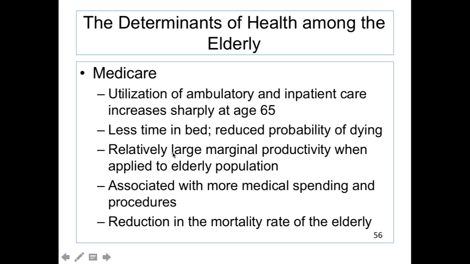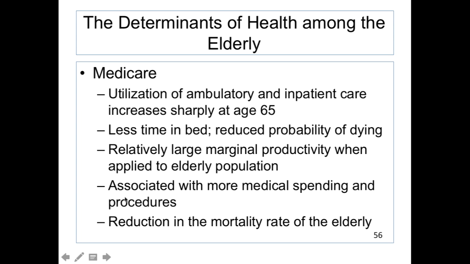And there is relatively large marginal productivity when we are looking at the impact of Medicare on the elderly population. Remember that in non-elderly adults, there wasn't a significant marginal productivity of insurance, but in this case there is.